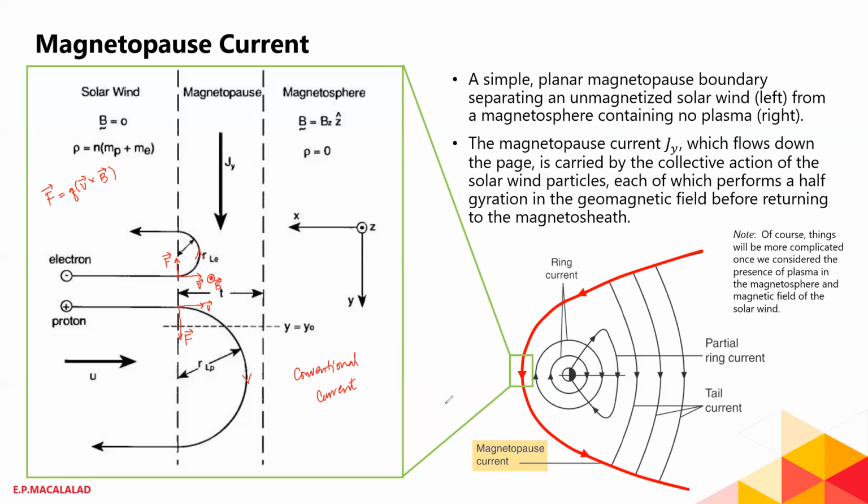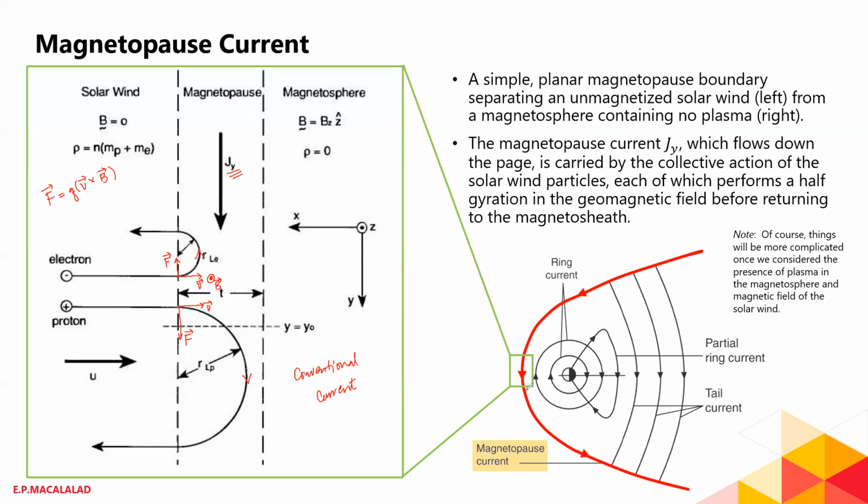That means it's the opposite direction of the negative particles. So if the proton moves this way, there is a current going in this direction. That is why at the day side, in this area, the magnetopause current goes this way, eastward.